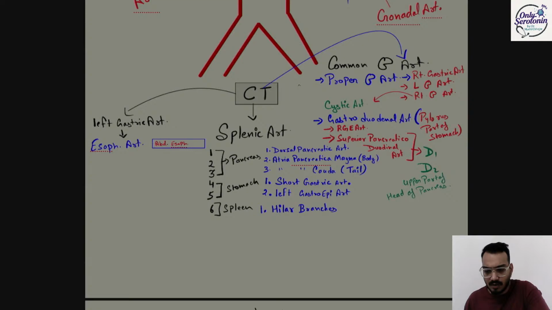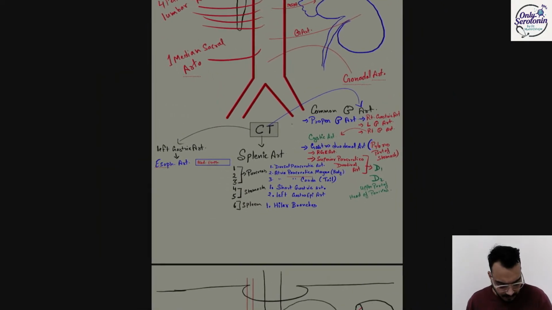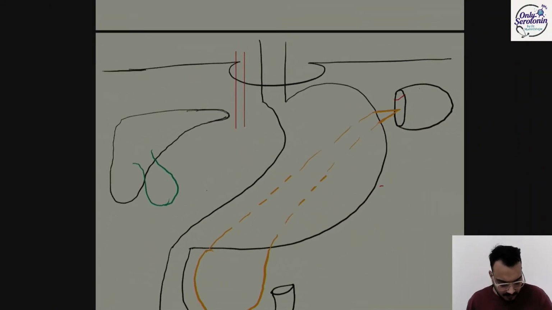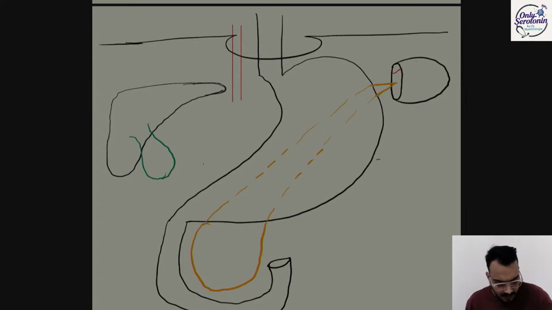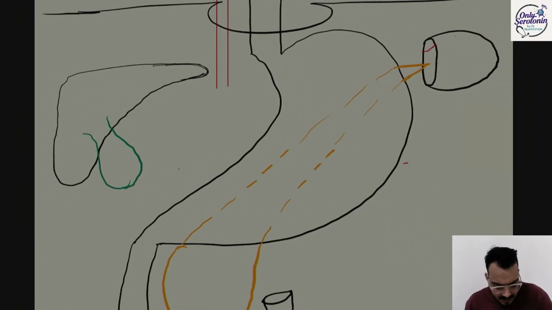Now let's draw all these arteries, guys. If you draw it, it will be easy for you to remember, right? What we have discussed is that abdominal aorta is going to give one branch, and this branch is known as celiac trunk.